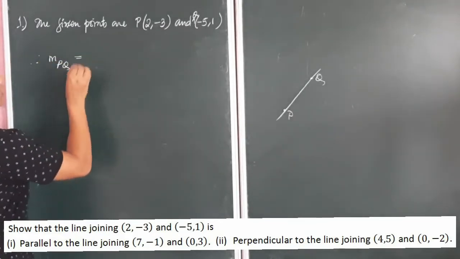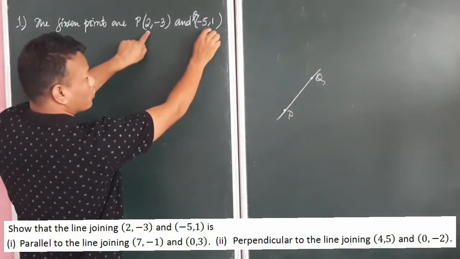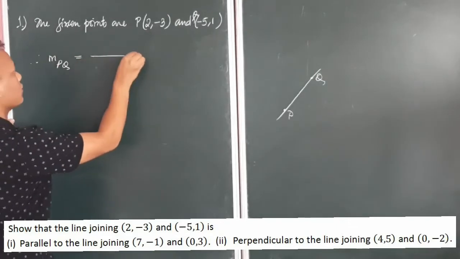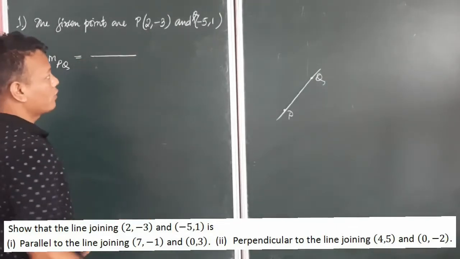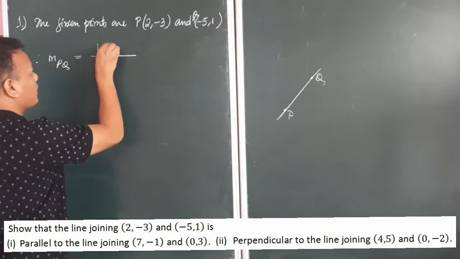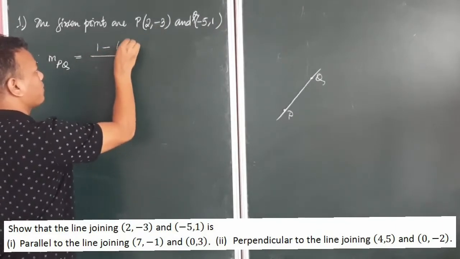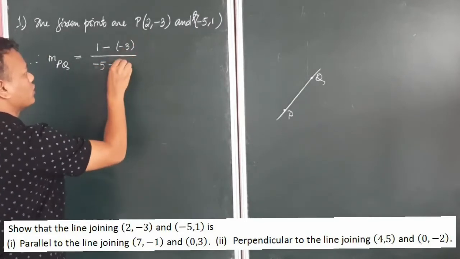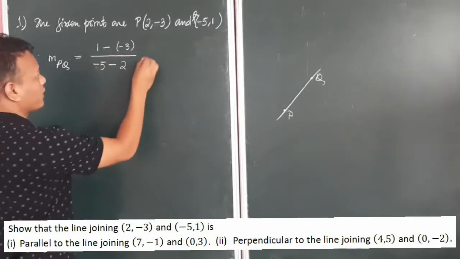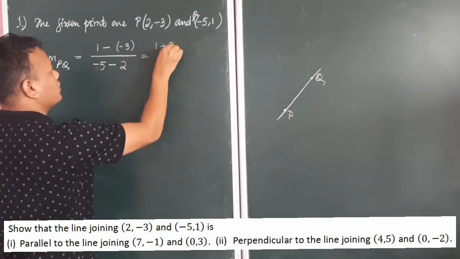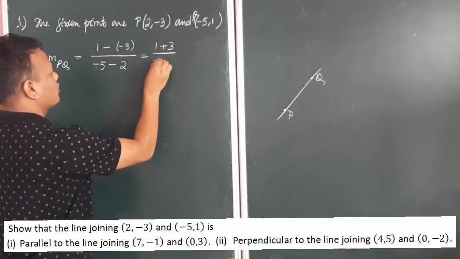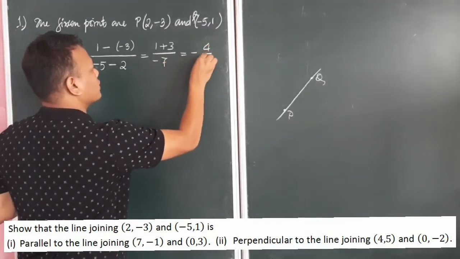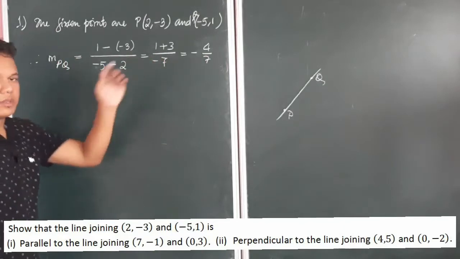We know that if this is my x1 y1 and x2 y2, then the slope formula is y2 minus y1, so y2 is 1 minus y1 is -3, over x2 minus x1, which is -5 minus 2. Let us simplify this. So this is 1 plus 3, over -7, which equals -4/7. So this is the slope of this particular line.